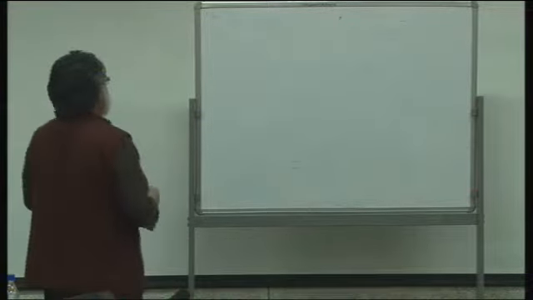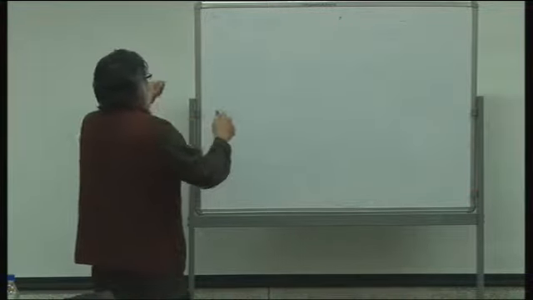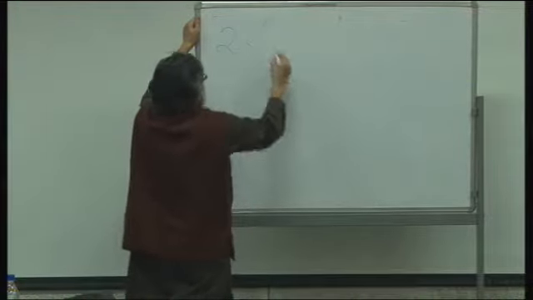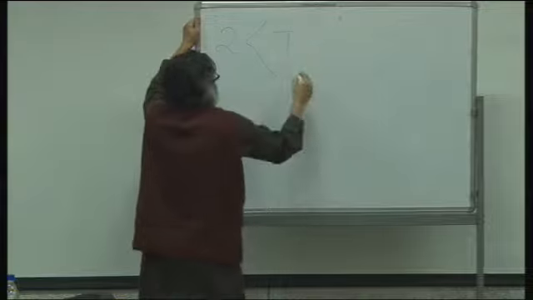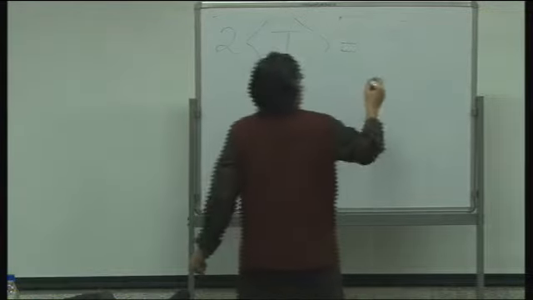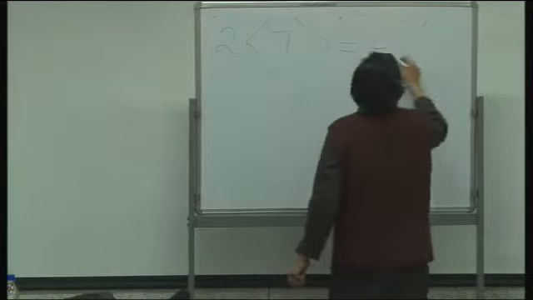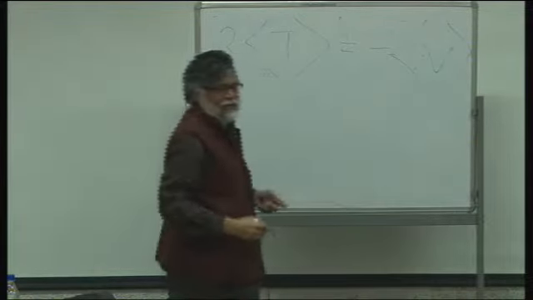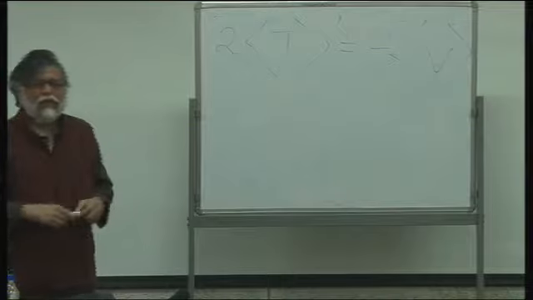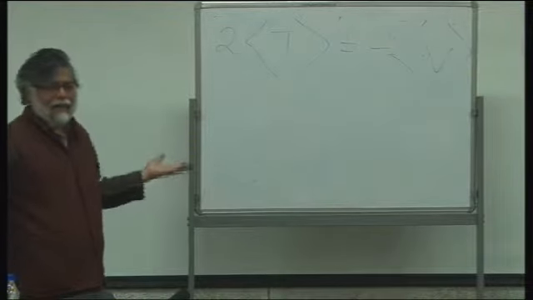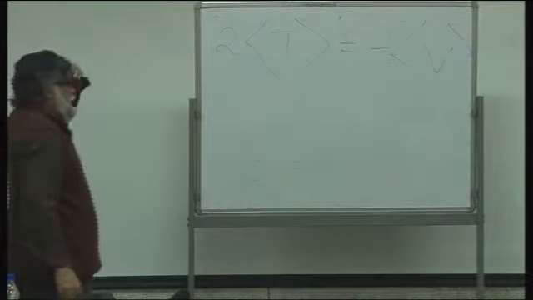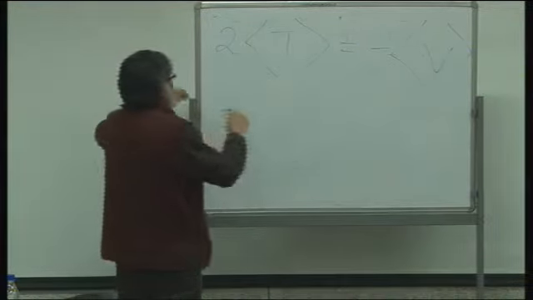For astrophysical systems, our virial theorem would read: twice the average kinetic energy is equal to minus the average potential energy. It is obvious that you better have a minus in front of the potential energy, because gravitational potential energy is negative, while kinetic energy is always positive. Okay? So this will be our virial theorem.